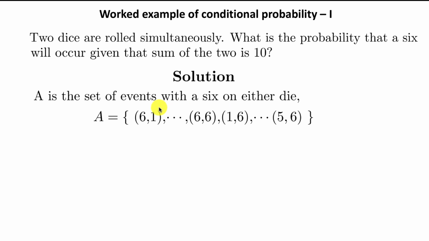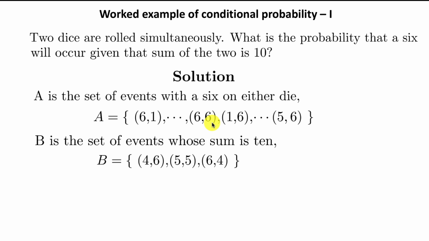So we could have 6,1, all the way up till 6,6, or we could have 1,6, 2,6, all the way up till 5,6. Of course, one should be careful about not overcounting because you can't have 6,6 over here. That's already included over here.